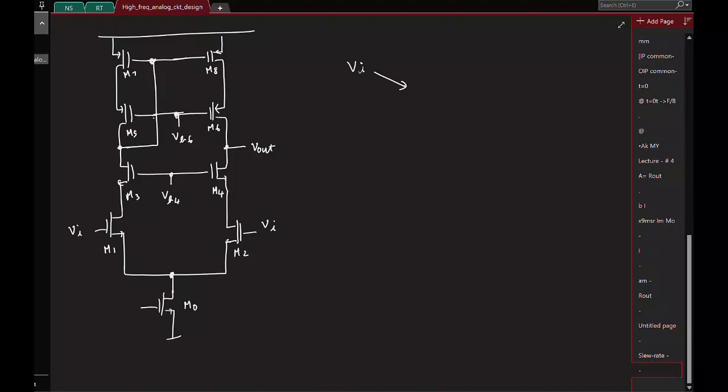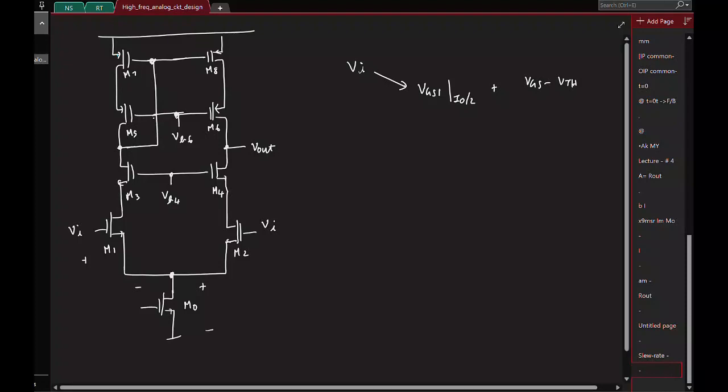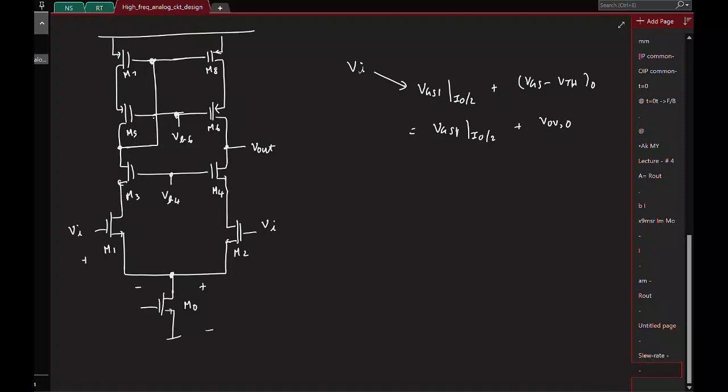We need to have a gate to source voltage across M1 so that it carries a current of I0 by 2. On top of it, we have to maintain this transistor M0 in saturation. So we need a minimum drain to source voltage, and that minimum drain to source voltage is basically VGS minus VTH, which in short we'll call the overdrive voltage. This is at the minimum side.